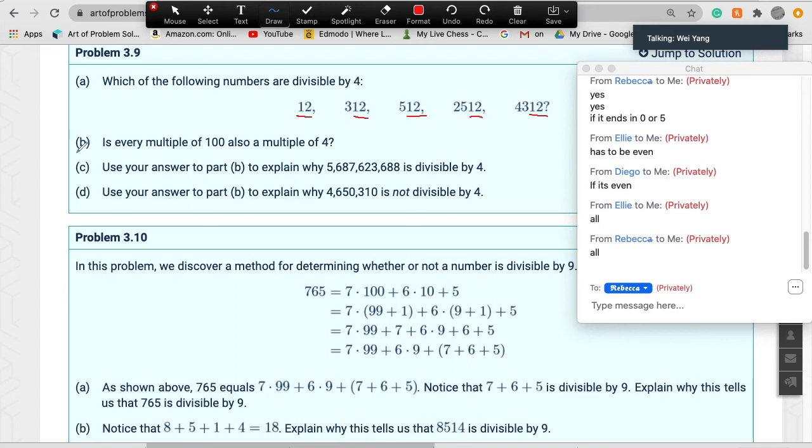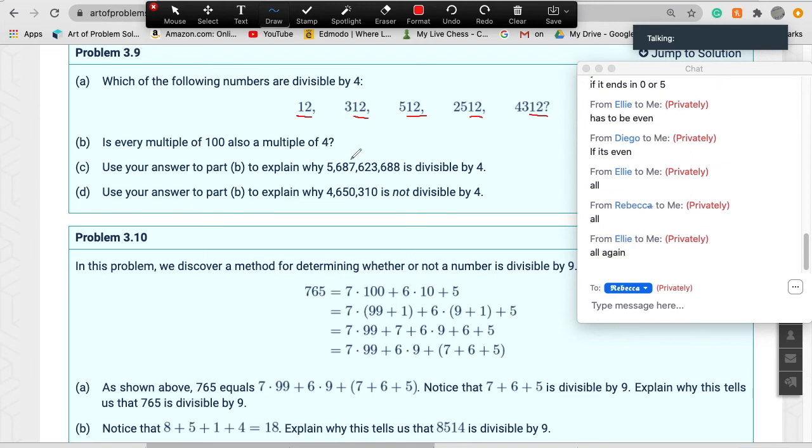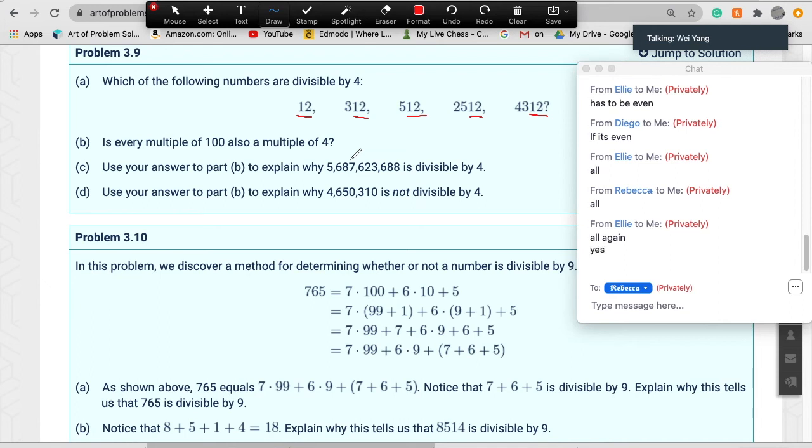Now let's do B. Is every multiple of 100 also a multiple of 4? Is this one correct? Yes, Ellie, you're right.